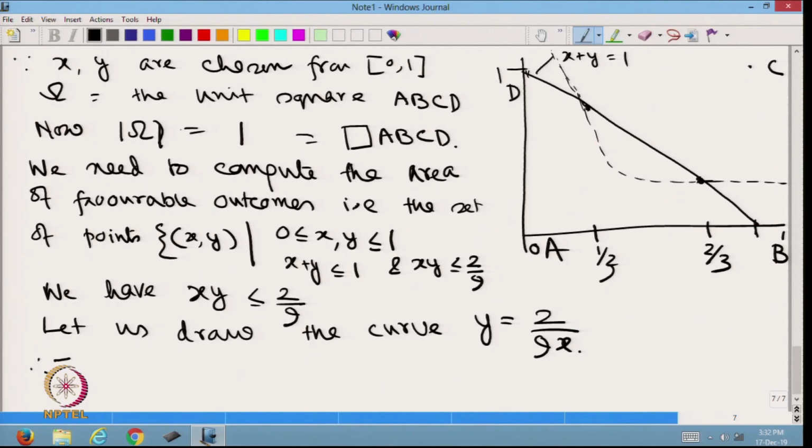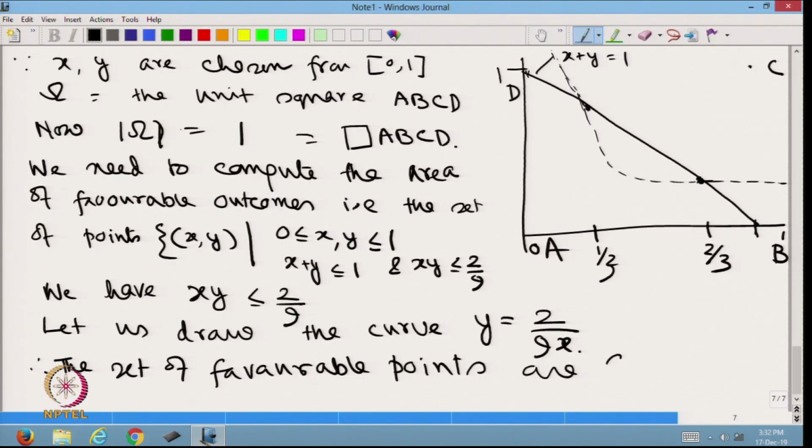Therefore, the set of favorable points are as follows. Let me put them in the diagram. All these points in this area satisfy both the inequalities.